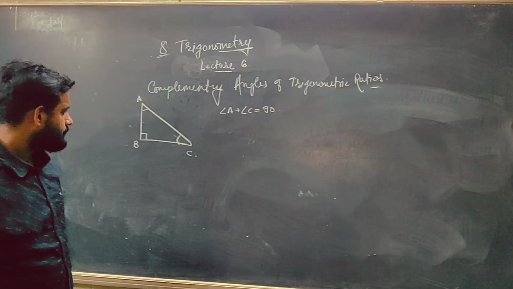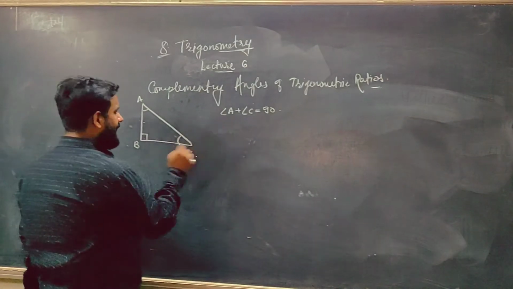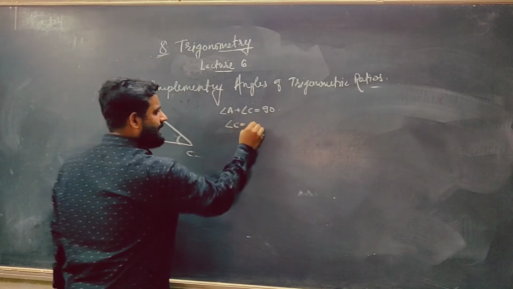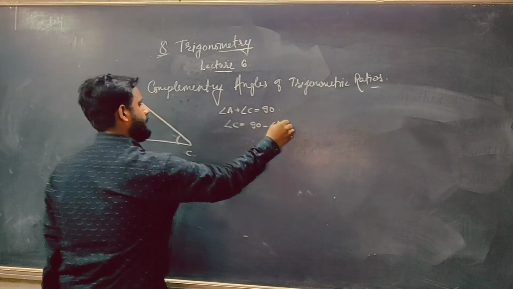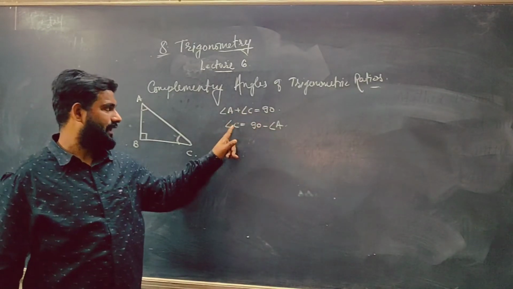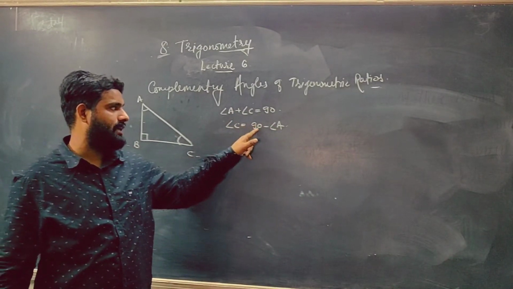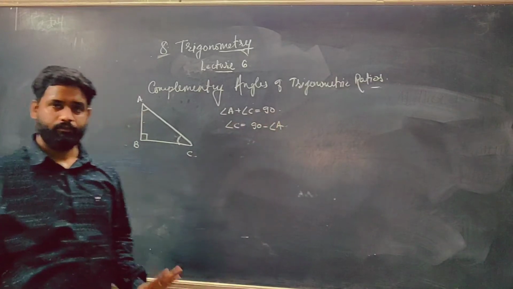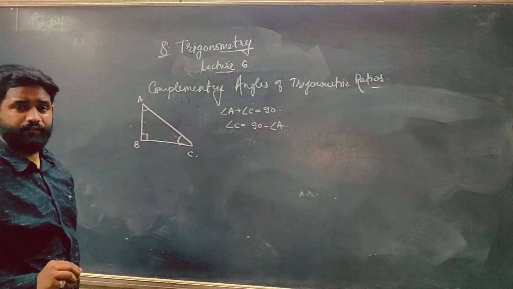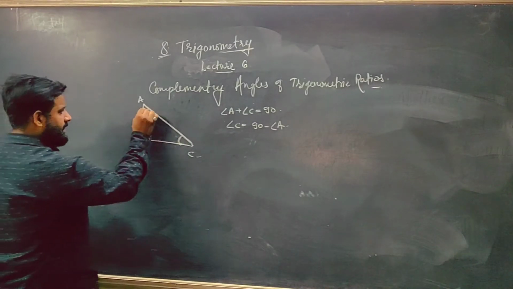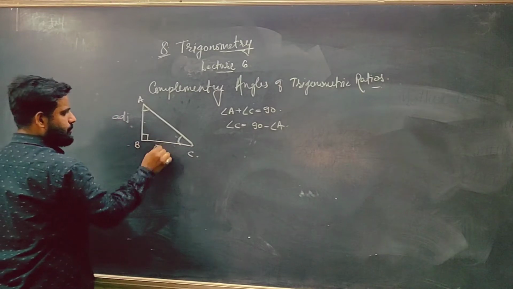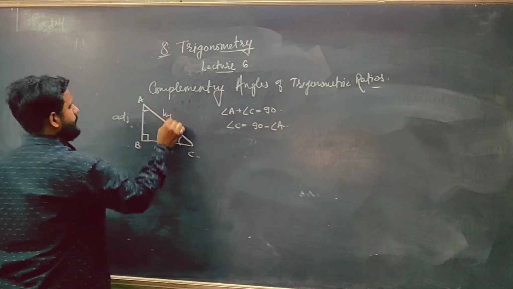Fair enough? So if angle A is angle A, angle C can also be written as 90 minus angle A. If I have to represent angle C in terms of A, I can write here angle C is equal to 90 minus angle A. Now, in the same trigonometric function, if I am considering this as A, this will be adjacent, this will be opposite, and this will be hypotenuse.